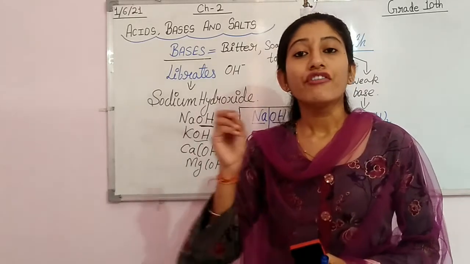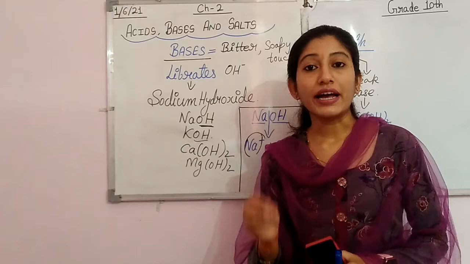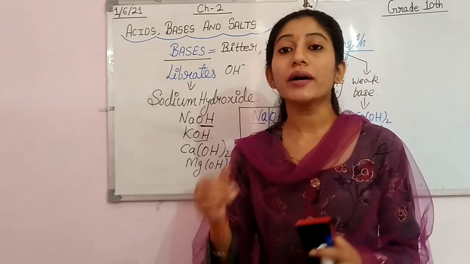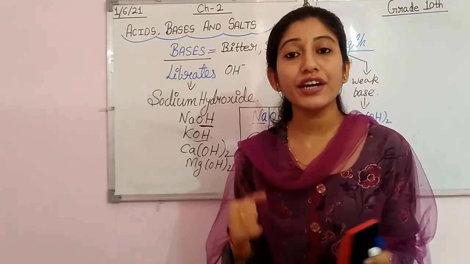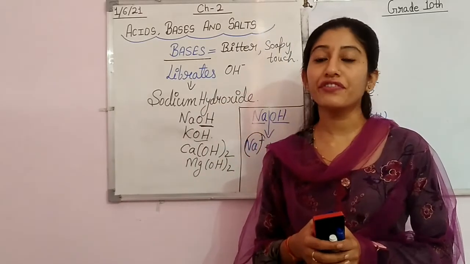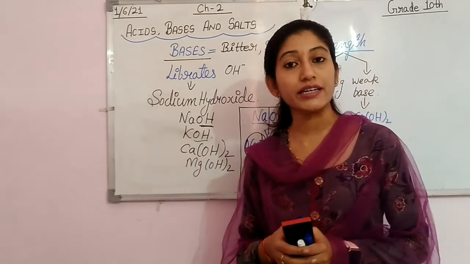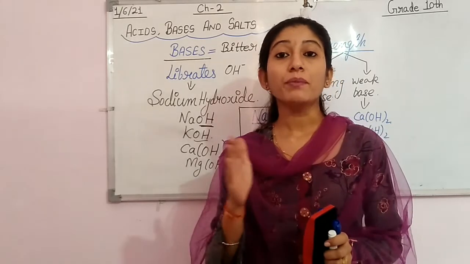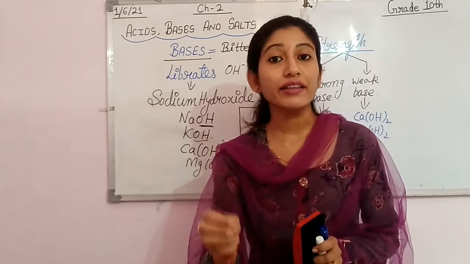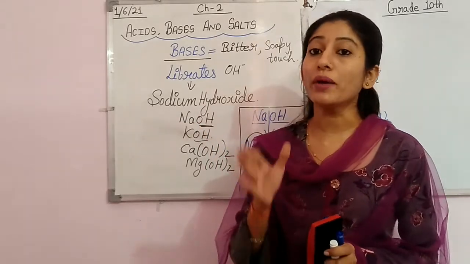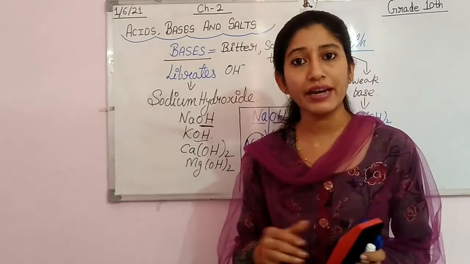So beta, for predicting whether the given substance is an acid or a base, we have different types of indicators which help us to detect whether the given substance is an acid or base or neutral, right?